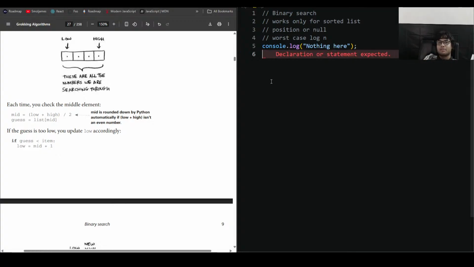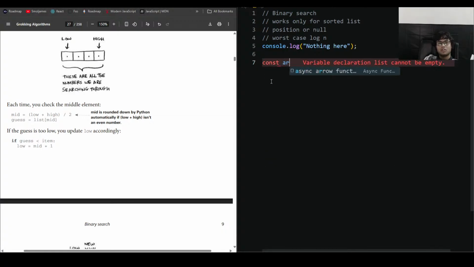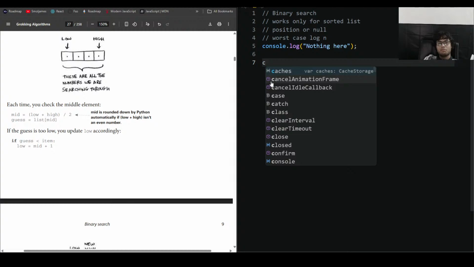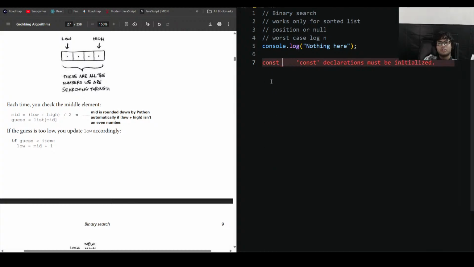We can have an array, const list, okay, array is fine: 2, 3, 4, 5, 6, 7, 8.